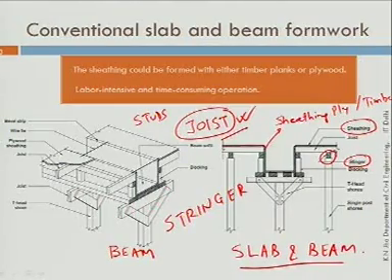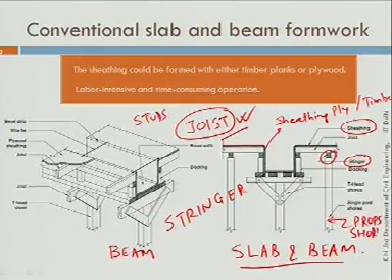In addition to this, you have these props. You can say this as props or shores. They are also referred to as shores or prop. So, components are clear to you, technology class? Okay, so you have sheathing, you have a joist, you have a stringer, you have props. These are the basic elements of any slab and beam formwork.